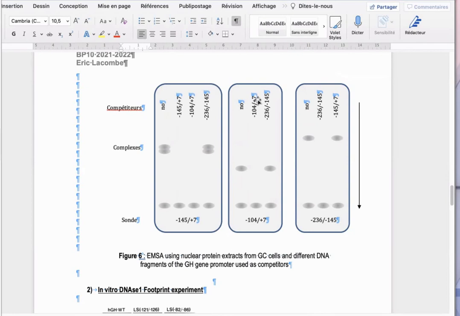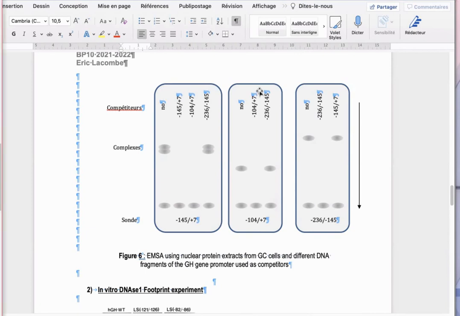We are going to start with one of the two on the right, and then we are going to finish with the one presented on the left because it's the most complicated to analyze. And you see this is the part of the gel in which we are talking about the formation of these two complexes in this fragment. Okay, so I propose that we start with the gel in the middle.